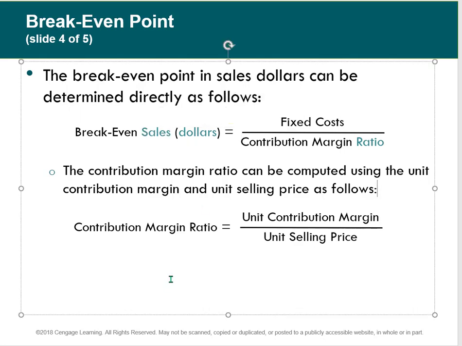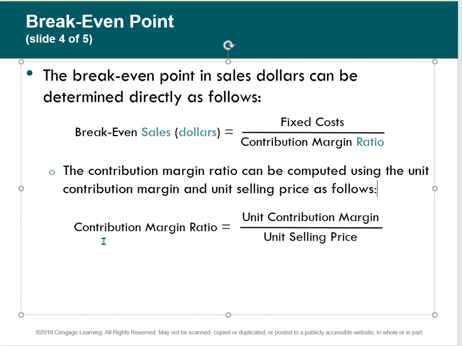So the contribution margin ratio can be computed using the unit contribution margin and the selling price as follows. I can take my unit contribution margin divided by the selling price, and that gives me my contribution margin ratio.